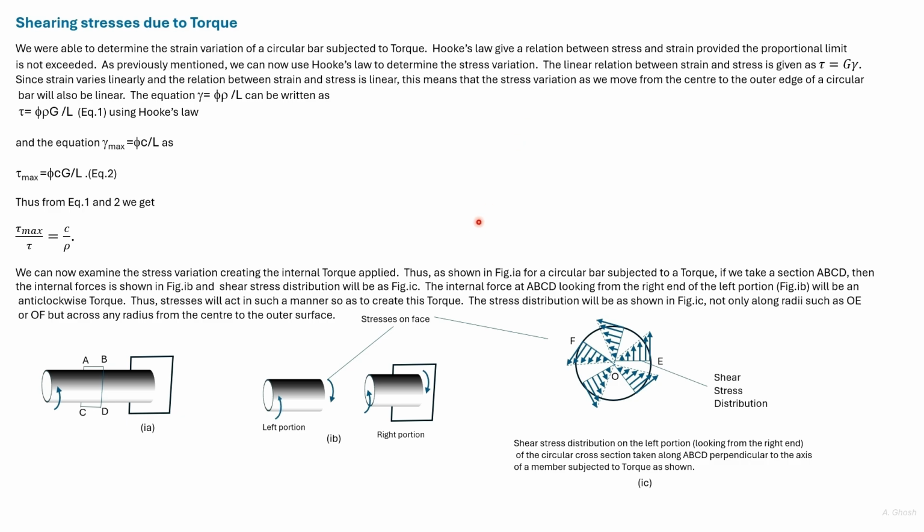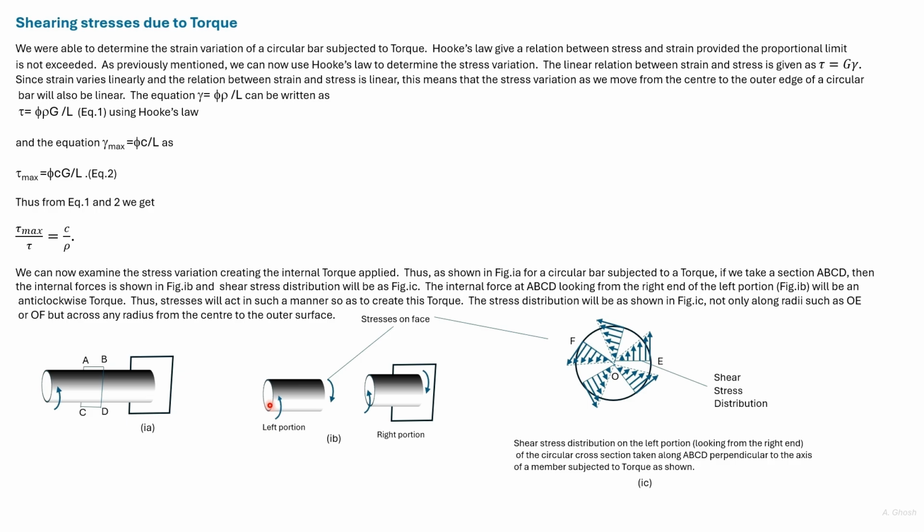We'll now examine the relationship between stress and torque. We take a circular bar which is fixed on one end and a torque is applied on the other end. A section ABCD is taken.